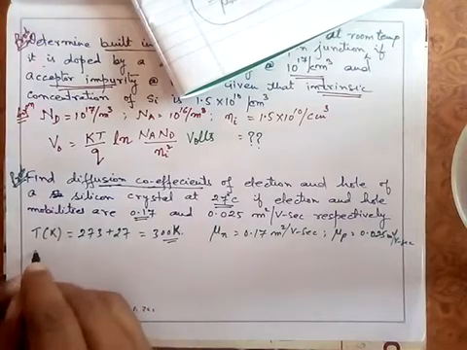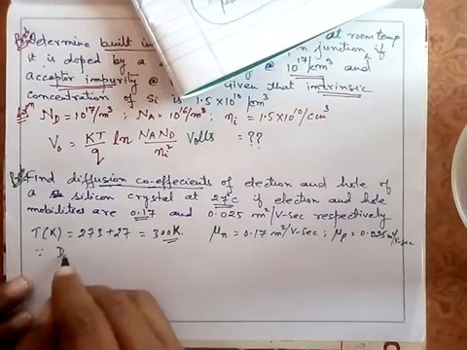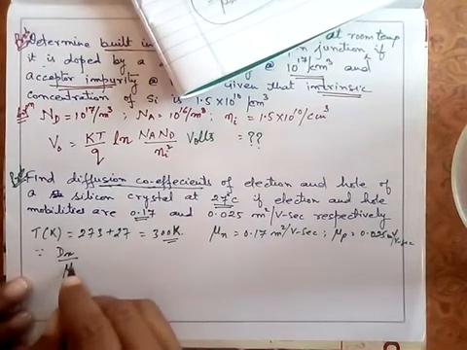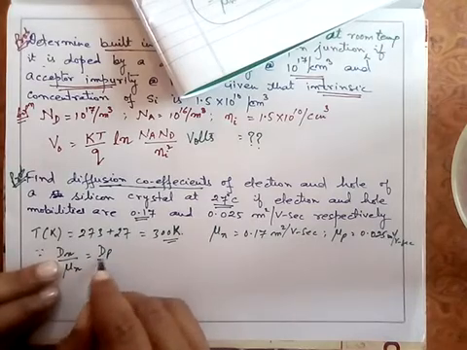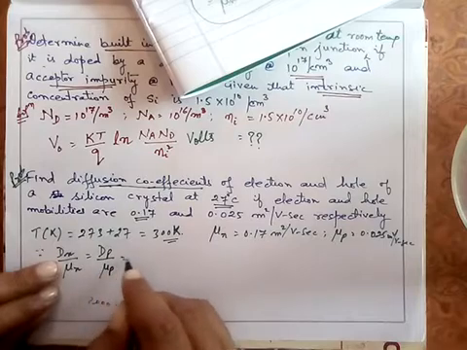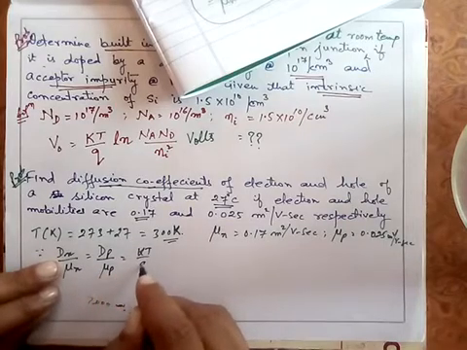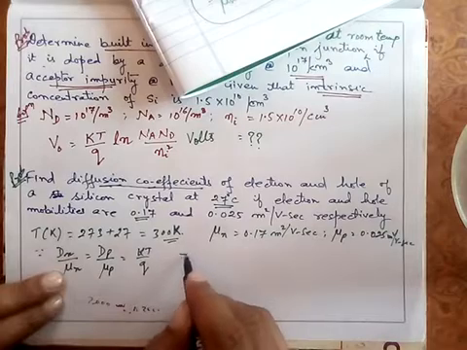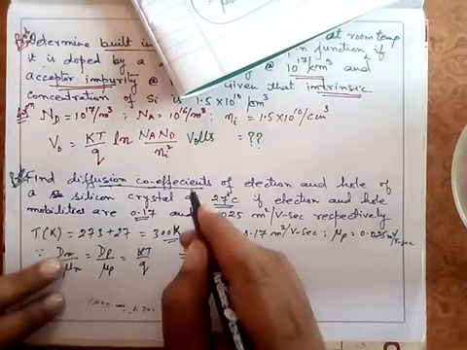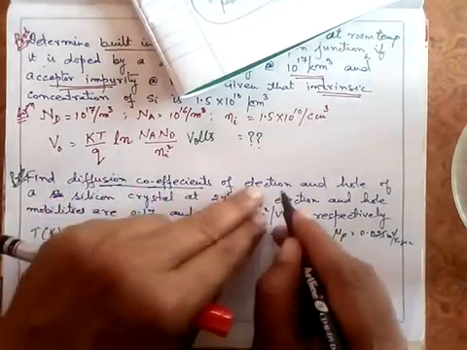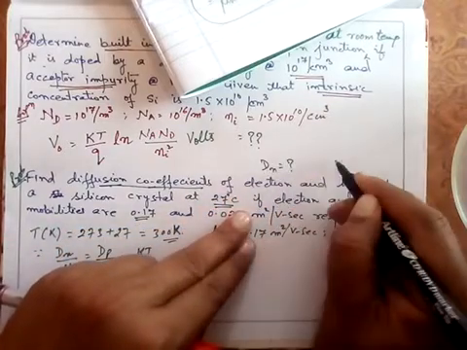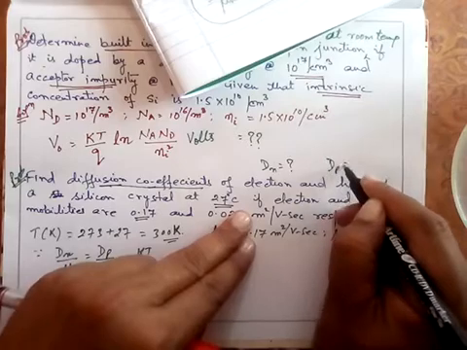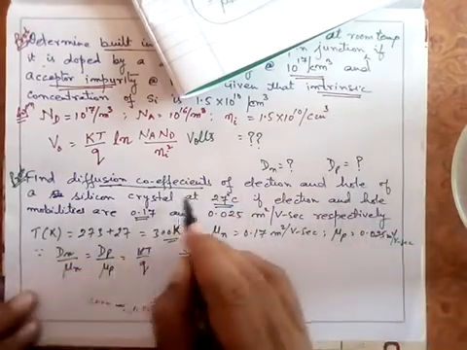So what I need, if we look at the solution, since Dn upon mu n is equal to Dp upon mu p is equal to kT upon q, this implies that I have to find two things here, Dn and Dp. What is asked? Diffusion constant of electron and hole. It means I have to find the value of Dn and the value of Dp, diffusion coefficients of electron and hole.